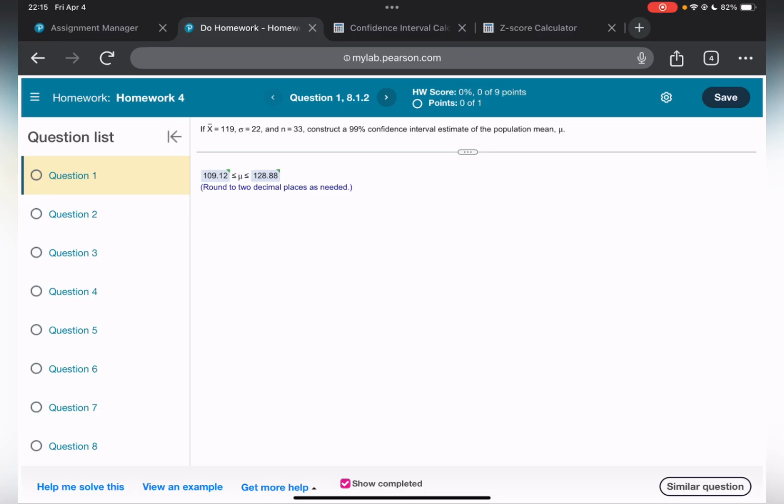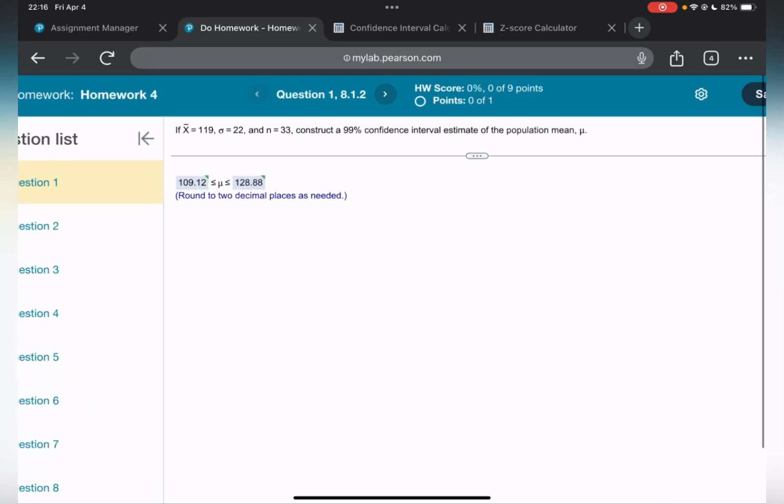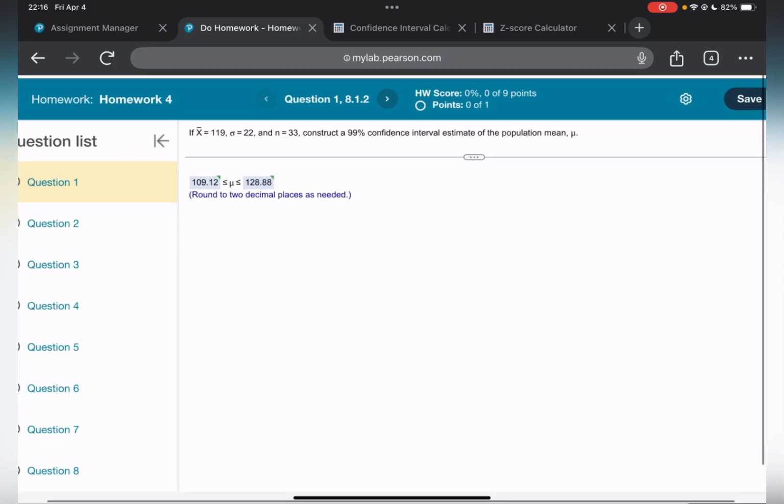Okay, so here we're given the average of the sample, x bar, meaning the average of the sample, and sigma is the standard deviation, and n is 33. We need to construct a confidence interval.